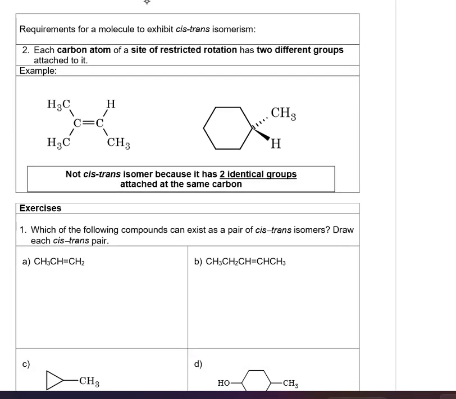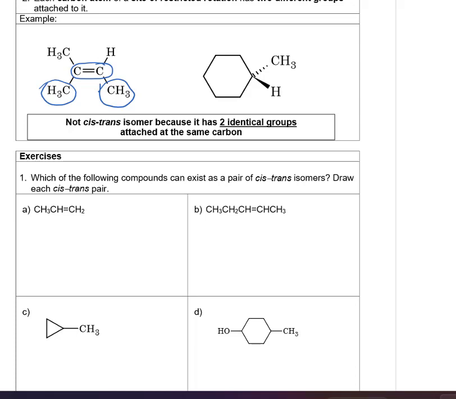What does it mean by that? This is where the restricted rotation occurs. For both carbons, they have the same group of atoms or the same atoms. For example, for this one, we concentrate on the carbon-carbon double bond.